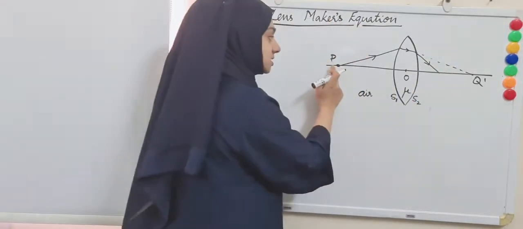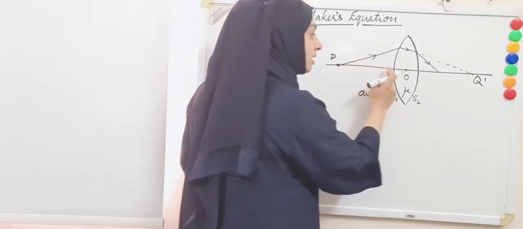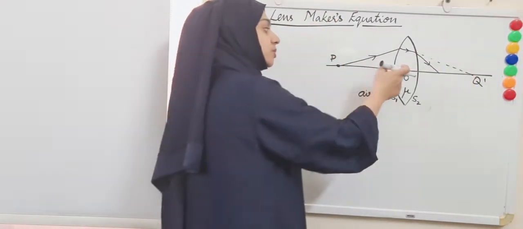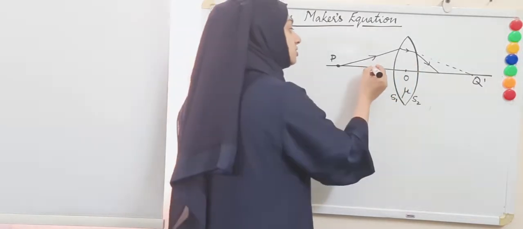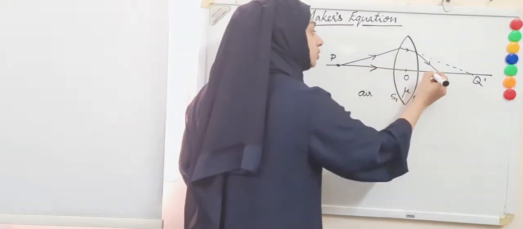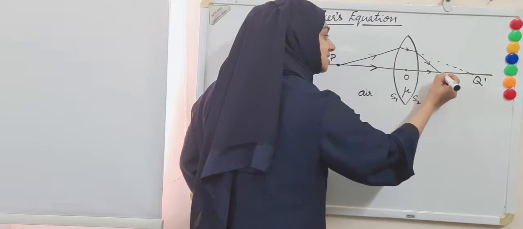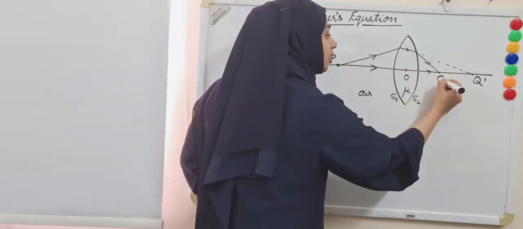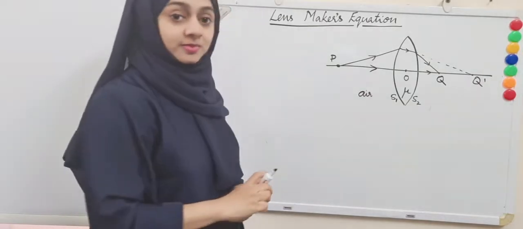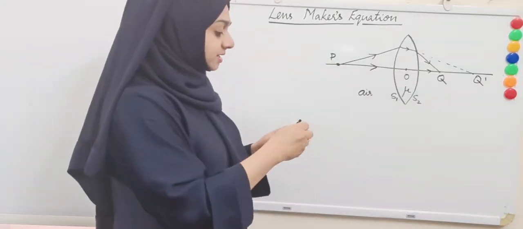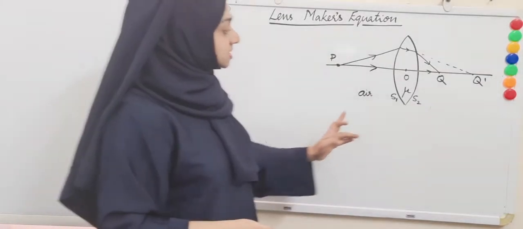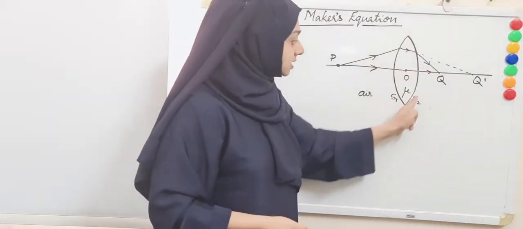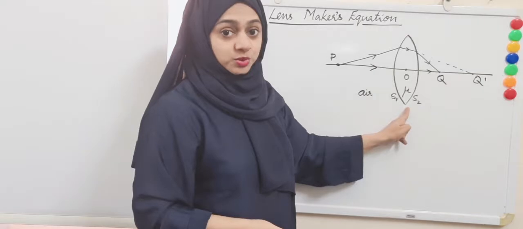If you consider a straight ray that passes along the principal axis through the optic center, it should go on straight. So these two rays will meet and you will get a real image at this point Q. So we consider the refraction taking place at two surfaces, S1 and S2.